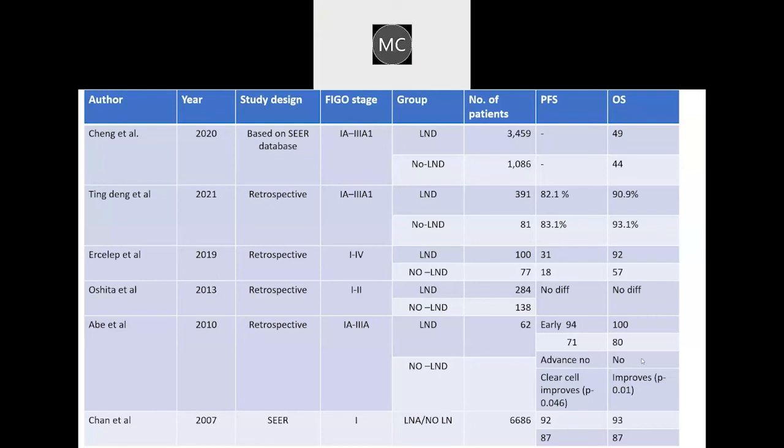Dr. Pragati, yes, sir. Would you see this Arcelep et al. study OS difference, 92 versus 57? Is it non-significant? Sir, this 92 and 57, basically it was not statistically significant, because the p-value and hazard ratio were not statistically significant.